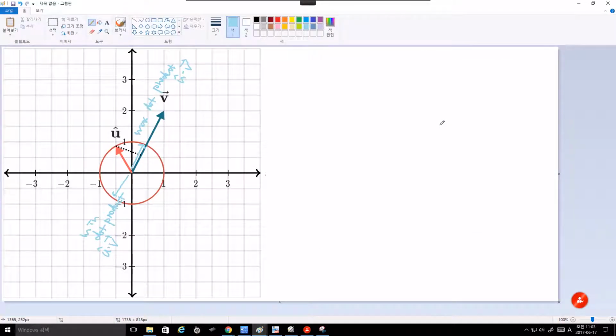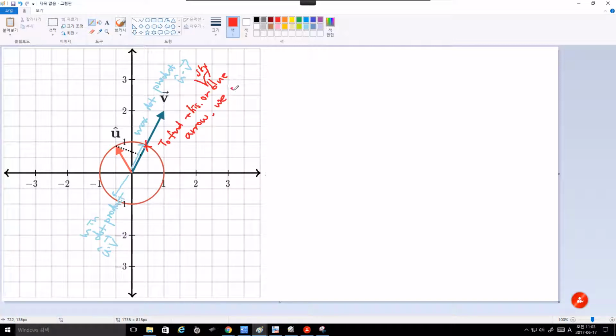So our strategy is to find this, the sky blue arrow.